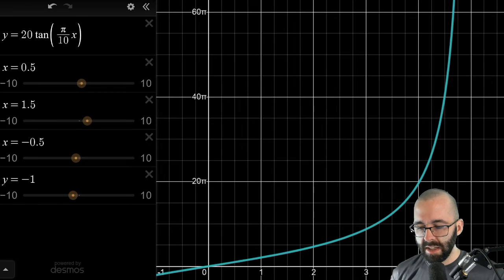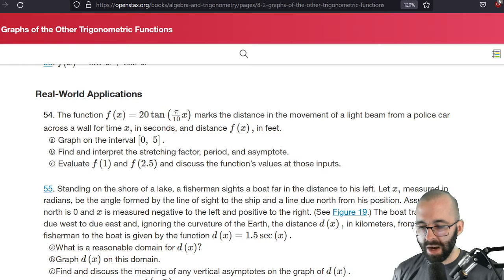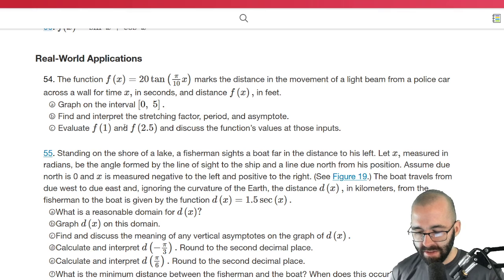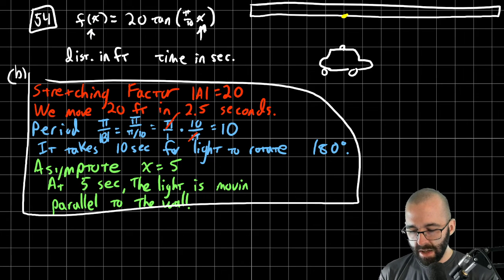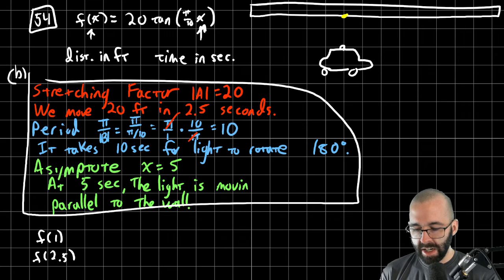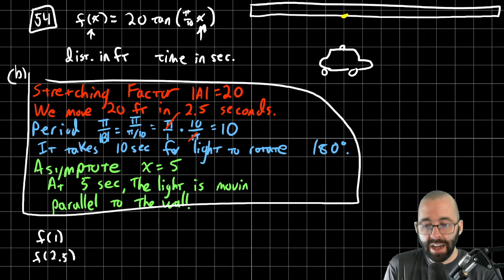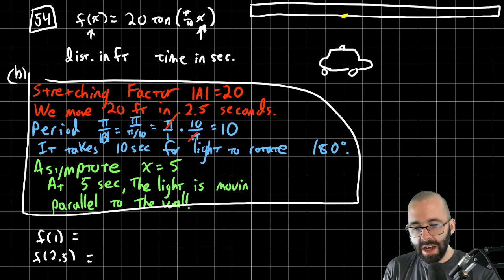Now there's also a part C that we should talk about before I figure out why I'm getting assaulted by emails. Evaluate f of 1 and f of 2.5 and discuss the function's values at those inputs. So f of 1, again, our x value is time, and our y value is distance from this point.